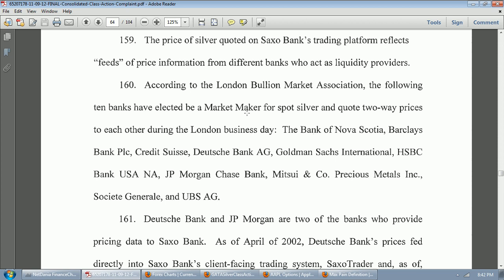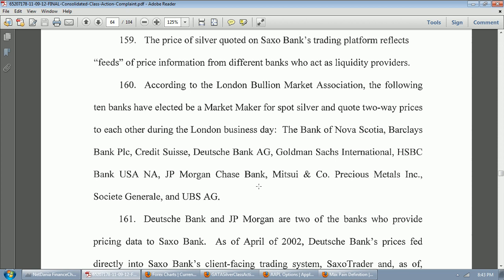And they were basing the LIBOR rate, which is the most important interest rate in the world, on lies that they were telling each other about their creditworthiness. This looks very, very similar. So the silver market is controlled by these banks by making quotes back and forth to each other for the price of silver.